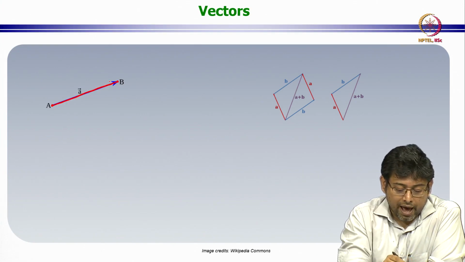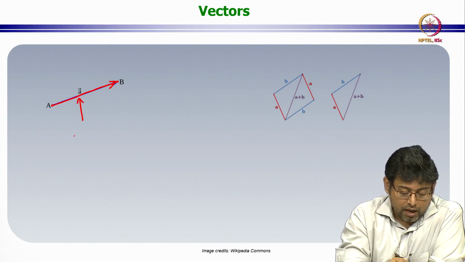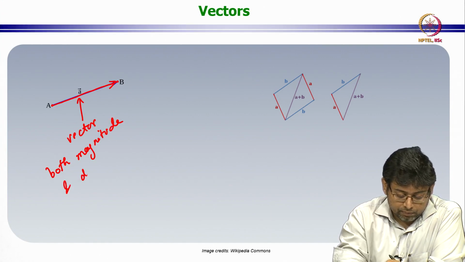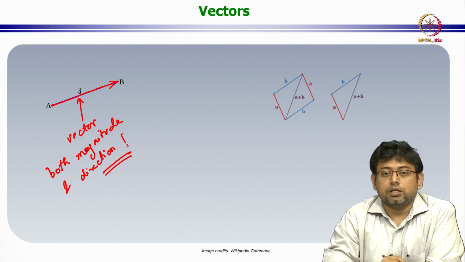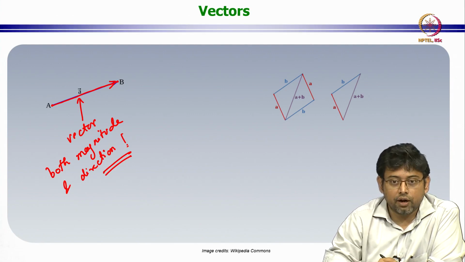So you draw this arrow, and you say that this is now a vector, and this has both magnitude and direction.